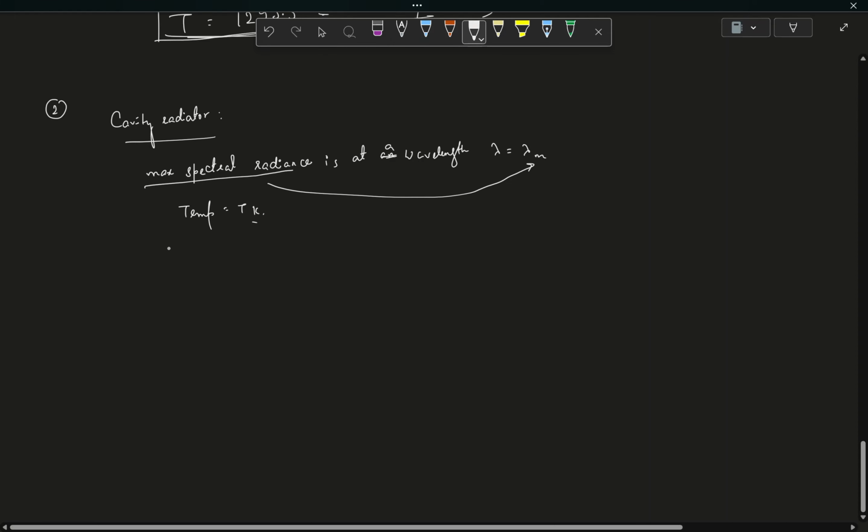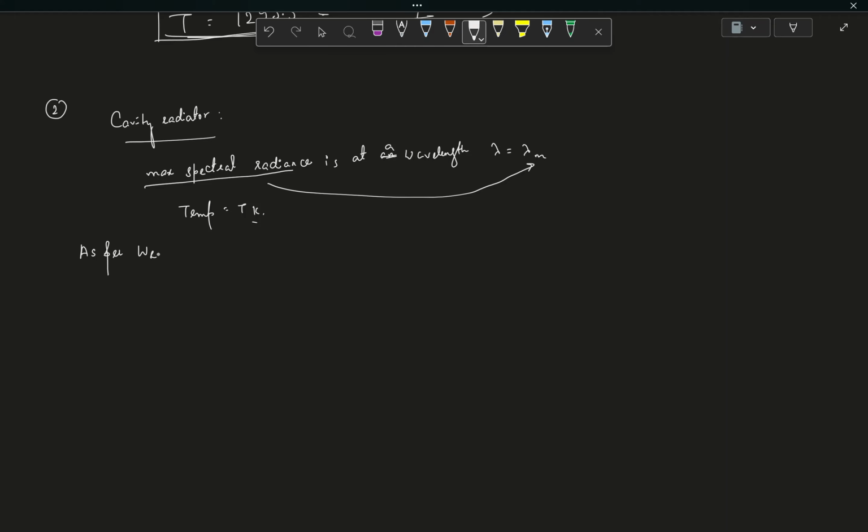Then Wien's displacement law tells you that lambda m into T equals a constant. As per Wien's displacement law, the rule is that lambda m into T is equal to a constant, let's say B, and this B is a standard constant of which we know the value.